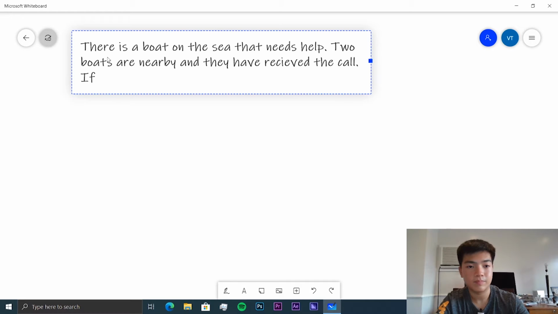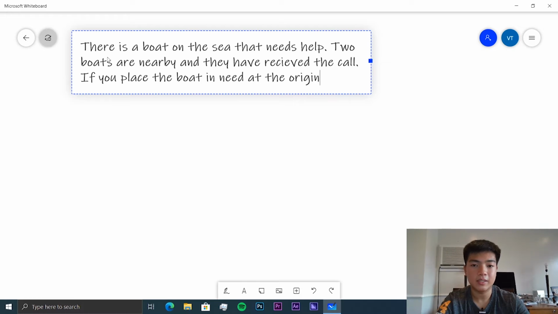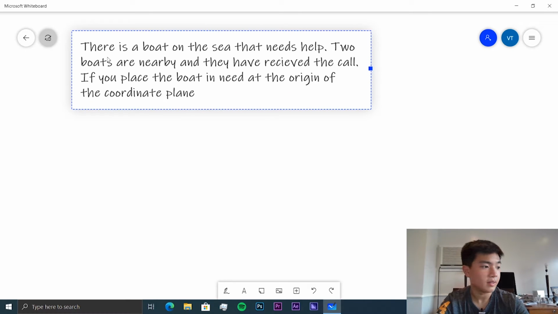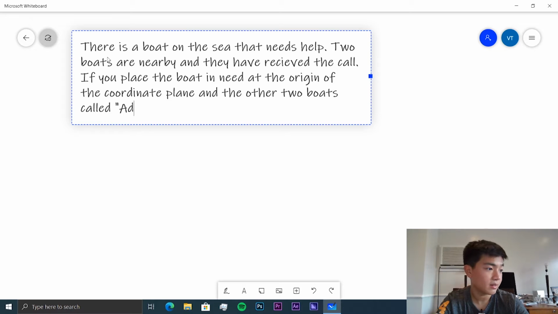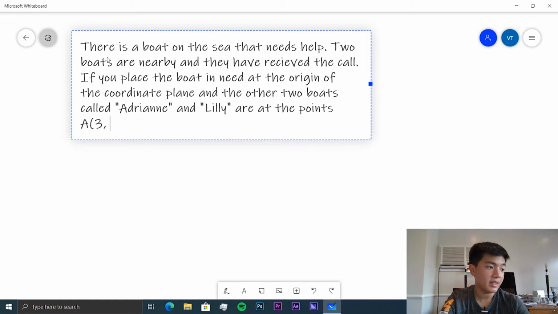If you place the boat in need at the origin of the coordinate plane, and the other two boats, called Adrienne and Lily, are at the points A, which is at (-3, 5), and L, which is at (7, 9).